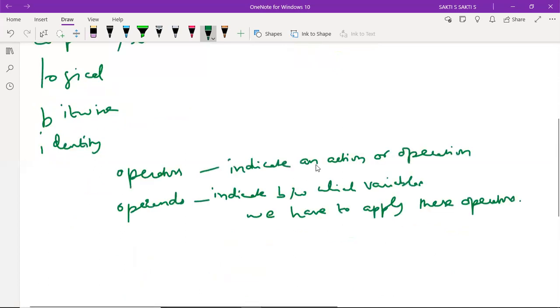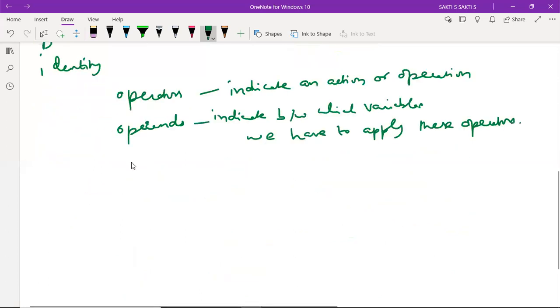Before concluding an expression, I may not know which operator, either plus or multiplication or greater than, has to come between which variables, either between x and y or between x and z, like that. So operands indicate between which variables we apply any of these operators. That is how you can explain operator and operands.